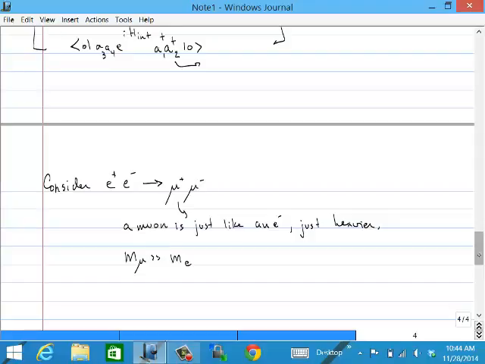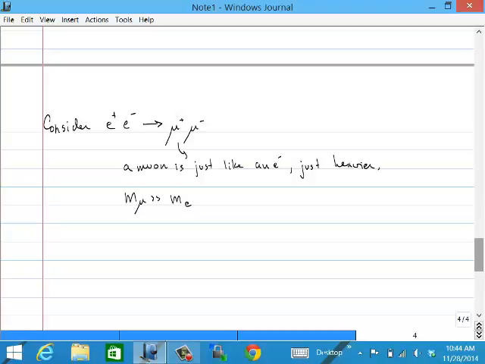So this process where an electron and a positron annihilate and form another pair of particles is certainly one of the most important processes in quantum field theory. It's the basis for all accelerator physics, basically. You may or may not be colliding electrons together, but you're colliding something together.